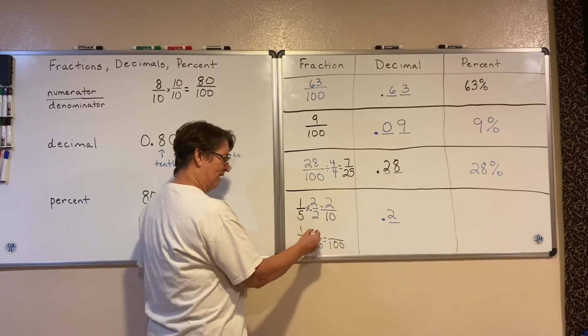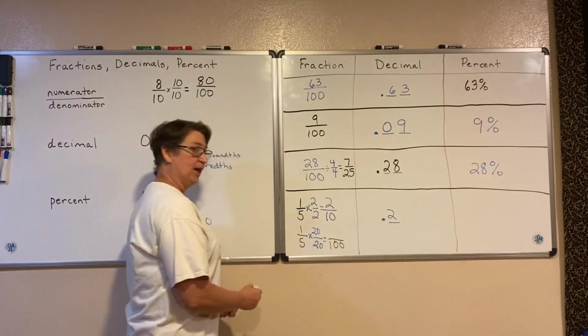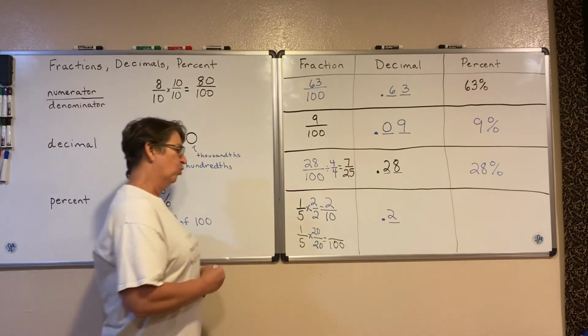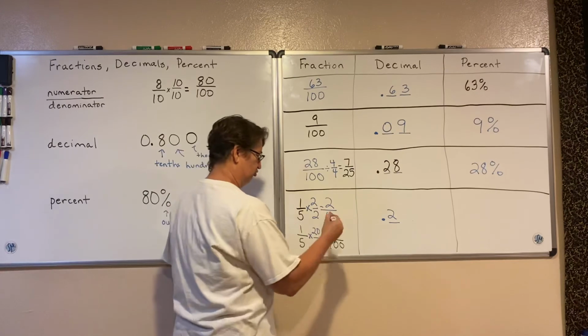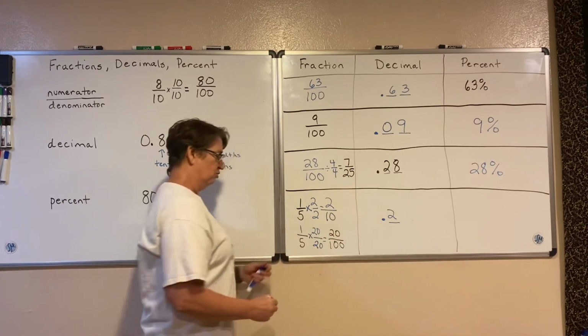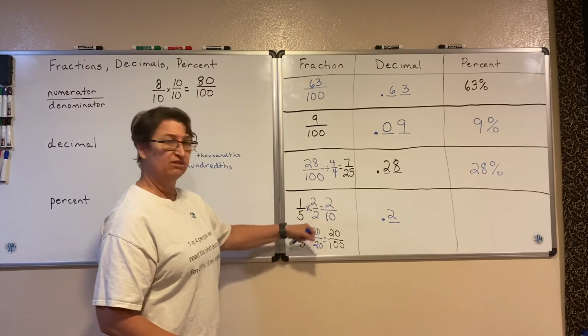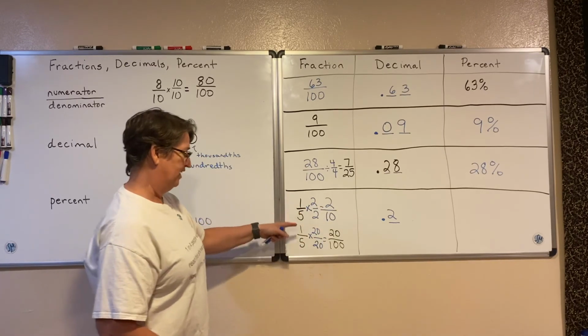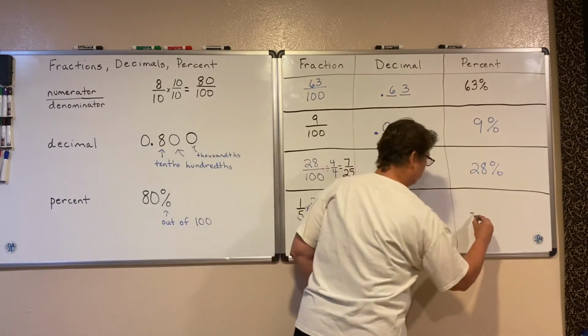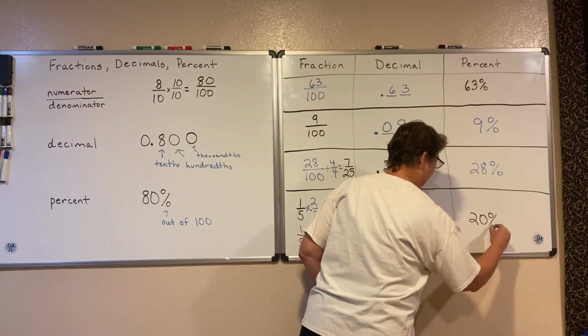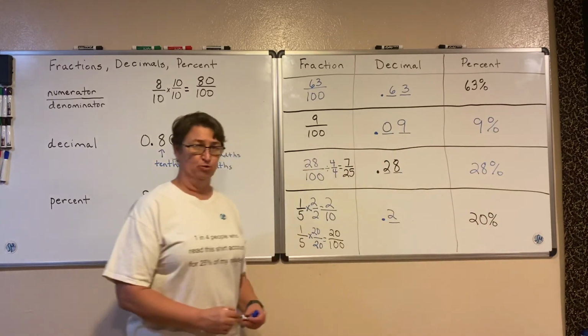Again, I'm multiplying by a fancy 1, so the top and the bottom need to be the same. And 1 times 20 equals 20. So 20 hundredths is the same as 2 tenths, is the same as 1/5. I'm going to write this as 20 out of 100, or 20%.